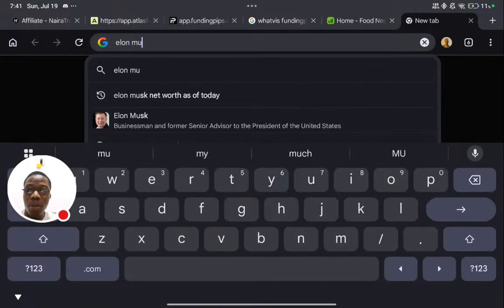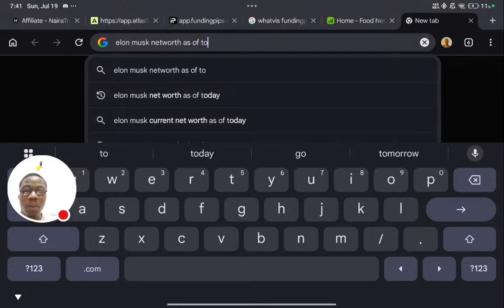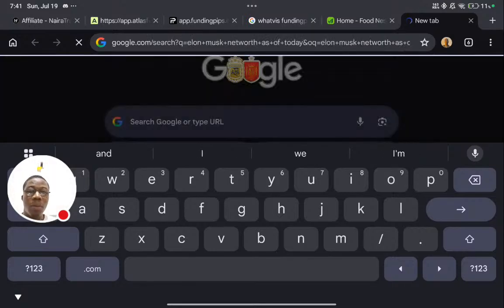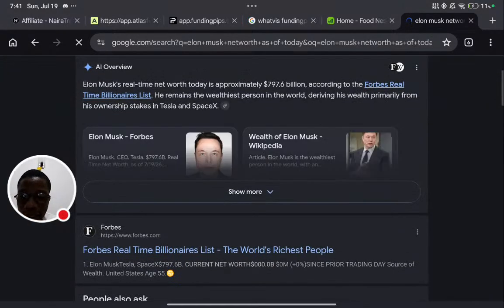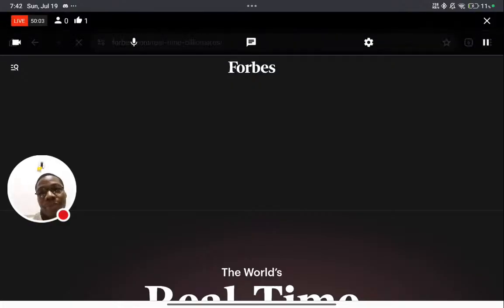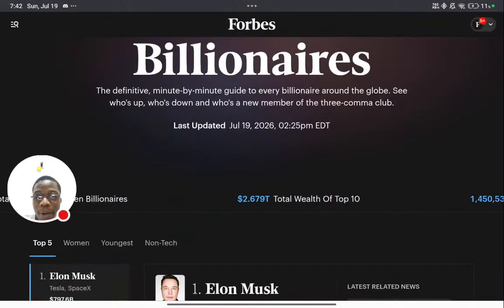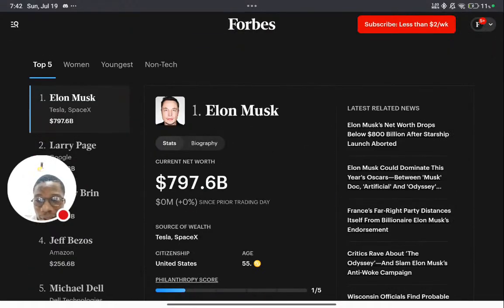Elon Musk net worth as of today. As of today, Forbes, let's look at this Forbes real time. You see that it's dropping.